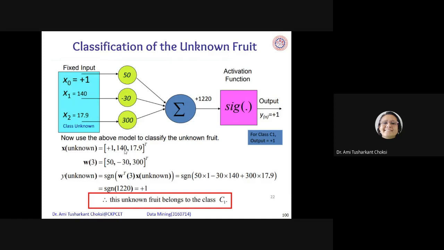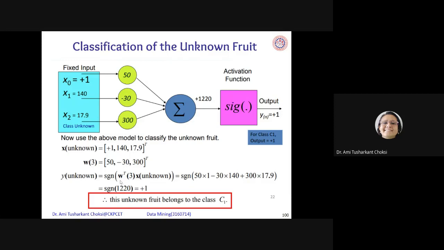Second is 140 and third one is 17.9. As you know that we are taking transpose of it, right? We have already seen that. W3 is equal to 50, minus 30, and 300, and the transpose of that we have to take. Now y unknown is equal to SGN, the activation function we have to provide.